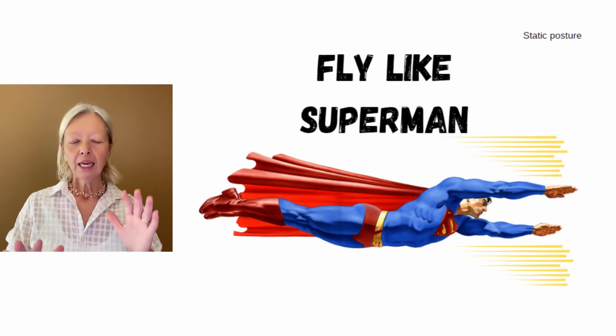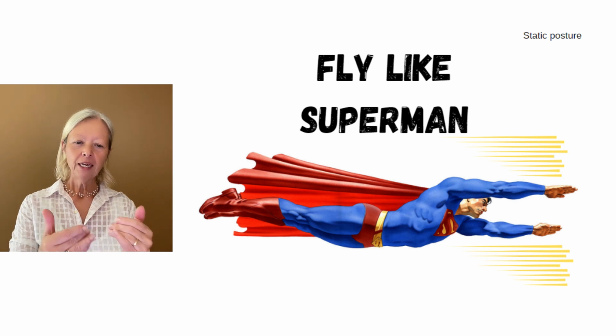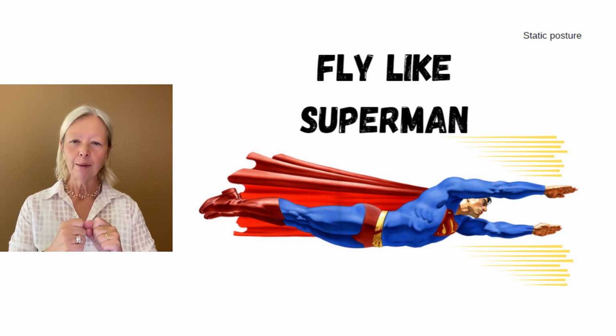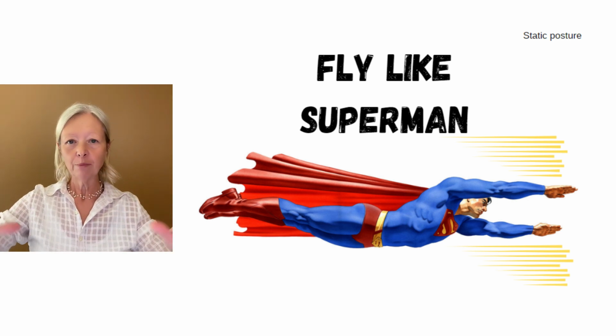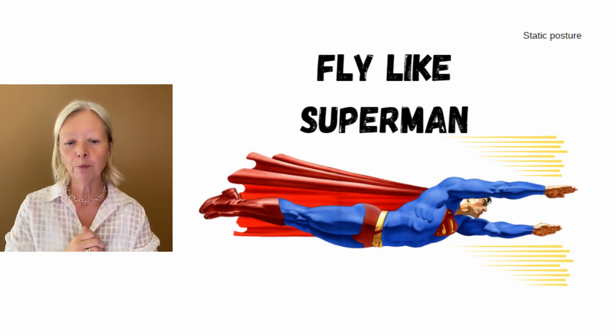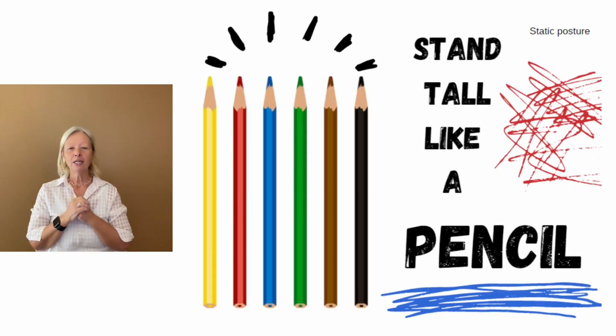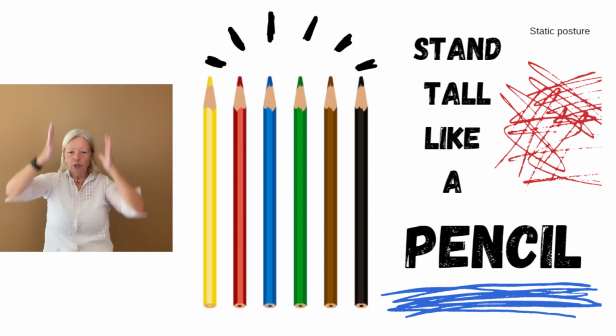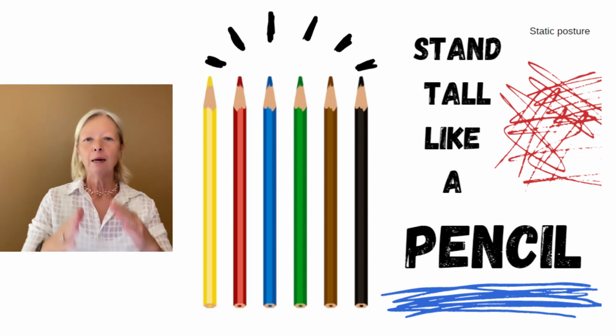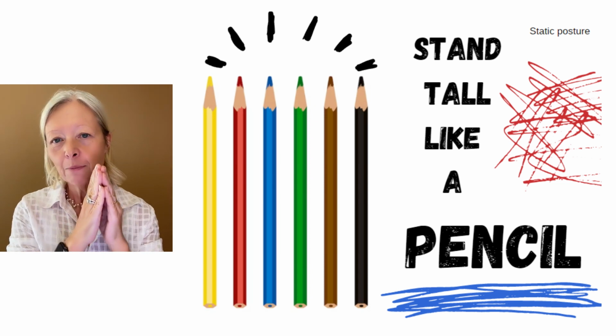And then in terms of actual shapes, if you look at this picture right now on the screen, if I'm lying on my tummy and I'm putting my hands out and my legs are straight out and I'm pretending I'm flying in the air, I could be pretending I'm Superman. If I'm standing up straight on the floor and I've got my body right up straight and I'm as straight as I possibly can be, and I put my fingers up like this, I can pretend I'm a pencil.